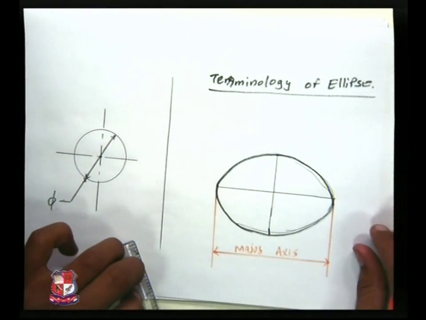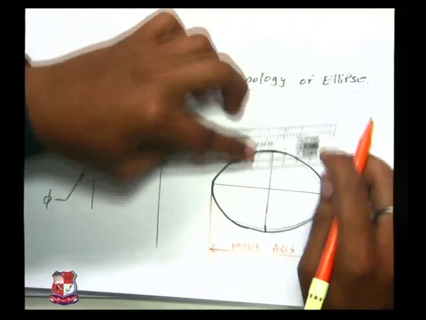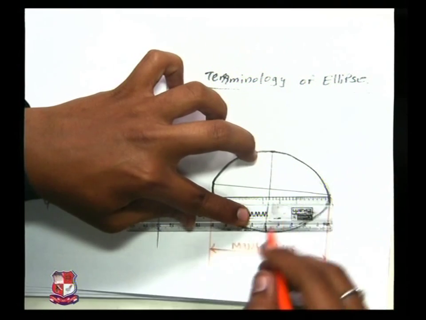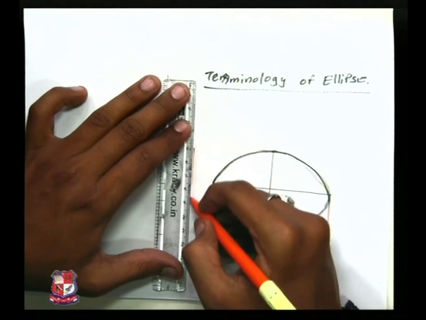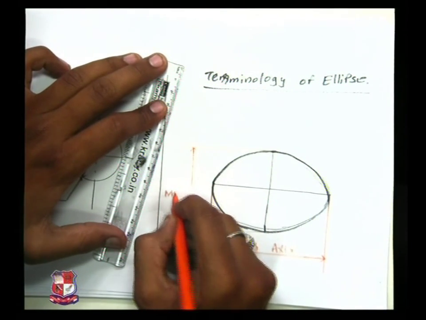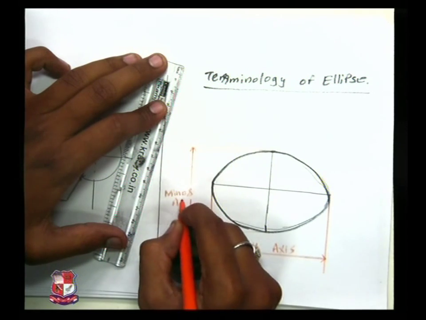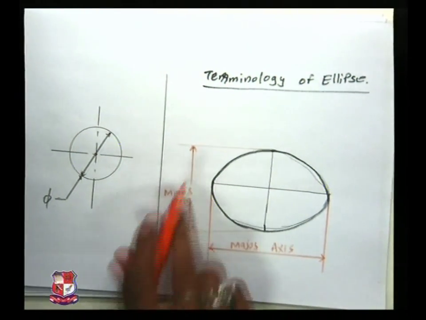This is the major axis, and the smaller diameter is called the minor axis. This is the major axis, this is the minor axis.